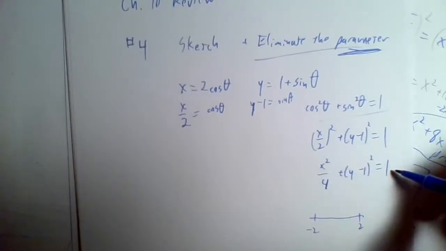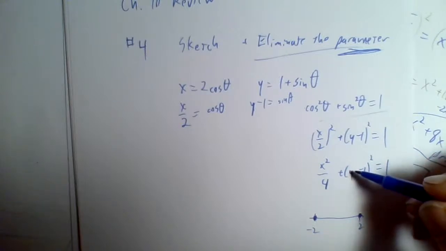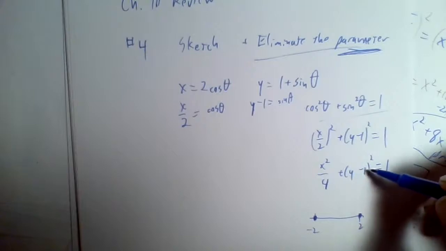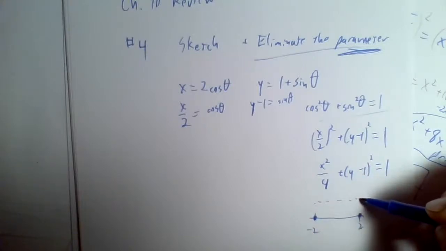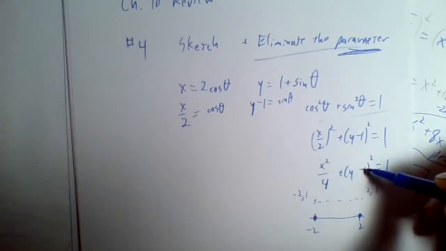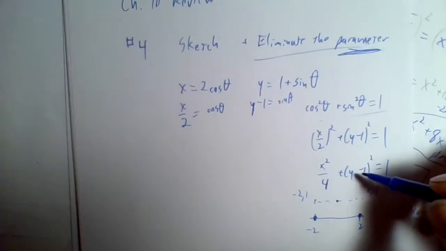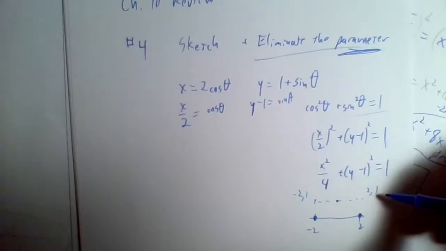That's where you'd get x equals 2 and y would be 1. So it's 2 comma 1, negative 2 comma 1. The center of this ellipse is at 0, 1. And it goes 1 unit in each direction there.